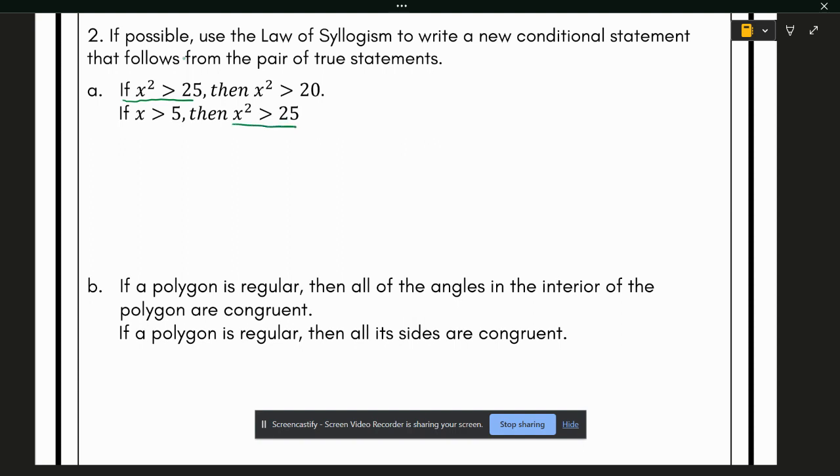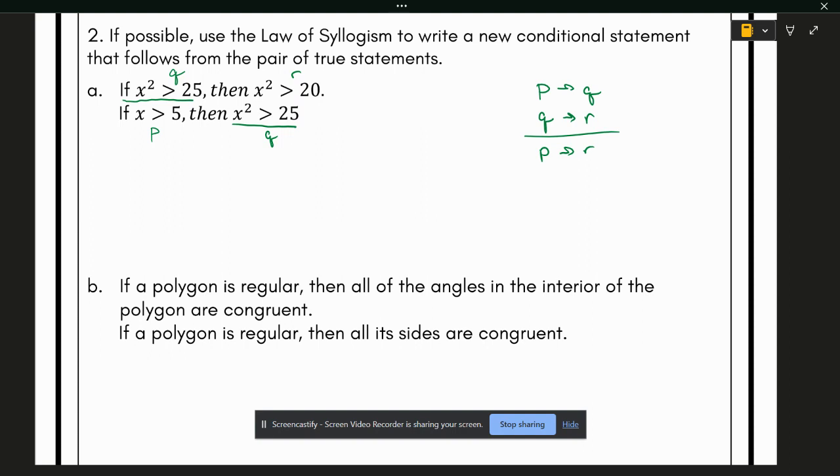So remember, let me go back to it: P to Q, Q to R, therefore P to R. That's what we're trying to get to. In this case, since we have this same statement, that's going to be our Q. Think of that as our Q, which then makes x is greater than 5 our P, and x squared is greater than 20 our R. If you can distinguish between the P, the Q, and the R, as to how it goes within your statement, then you shouldn't have any trouble finding your conclusion.